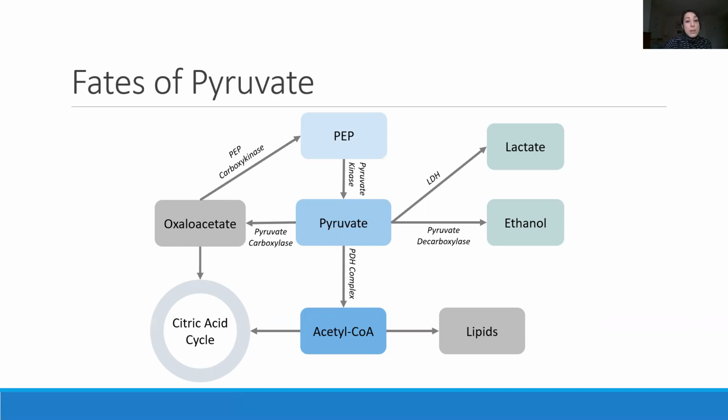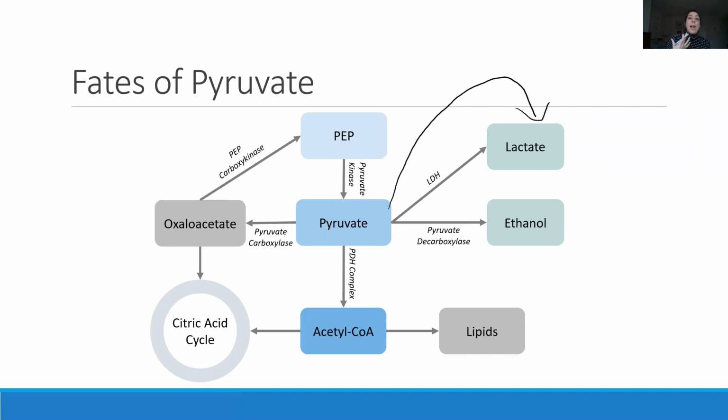Pyruvate can be created from other sources, and it has a variety of fates after it is created. So once we make pyruvate, it can, in the cases of animals and some organisms, be fermented into lactate, right?